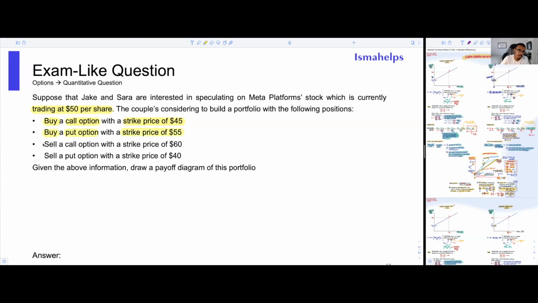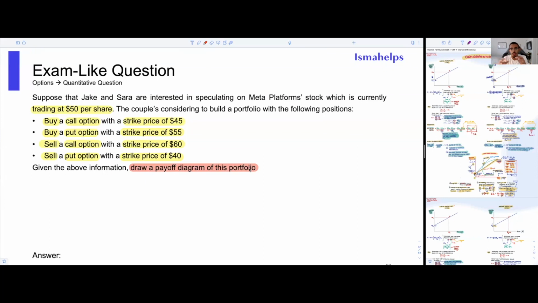And then we're going to have a sale of a call option for $60. Then we're going to have a sale of a put option for $40. Okay. And your mission for this question will be very straightforward. And that's going to be to draw a payoff diagram for this portfolio.